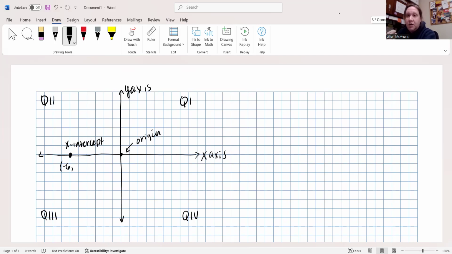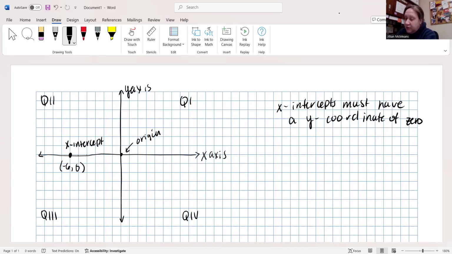If I go up or down, I'm not on the x-axis anymore. So in order to be an x-intercept, I have to be on the x-axis, which means I have to have a y-coordinate of 0. So x-intercepts must have a y-coordinate of 0. And that is a really important fact because that's how we're going to find intercepts in a future video.